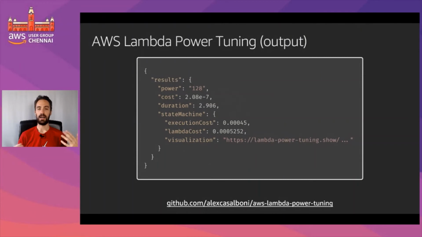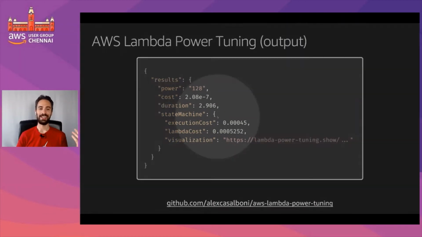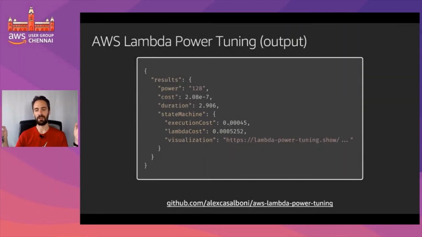So you get how much you paid for the state machine, the step function, and how much you paid for the Lambda execution. So this thing is running in your account, so it's not free, but it's very affordable. So unless you choose a huge number for the number of executions, and unless you test 20 or 30 or 50 different power values, if you test 4 or 5 with 100 executions, you are usually below 1/10 of a cent of a dollar.